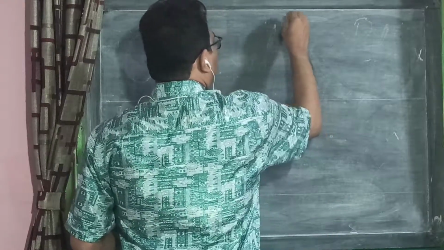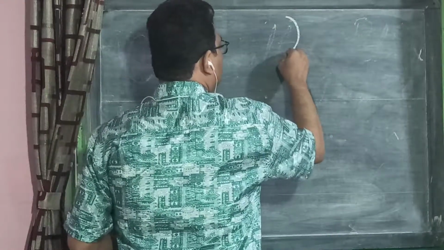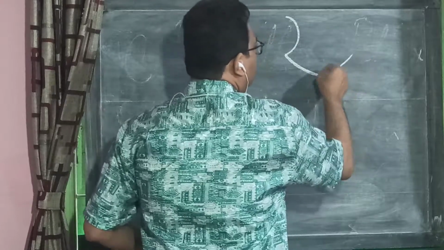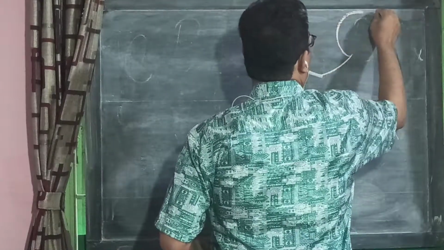The pupillary light reflex. So the receptors are in the retina. They are the photoreceptors.